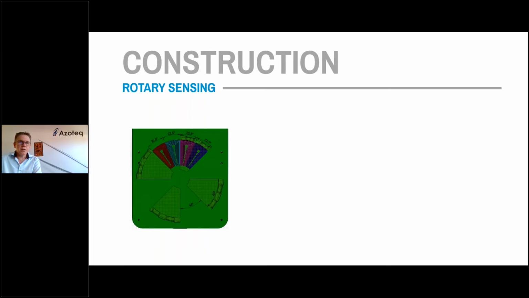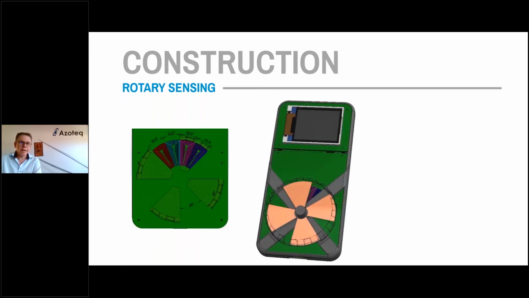Much the same as we discussed before with the linear slider, where we can detect the movement of a metal target along a linear track, you can design your coils in a circular fashion and then have your metal target rotate in close vicinity to these coils. So the animation on the screen is again one of the AZOTEQ demo kits.